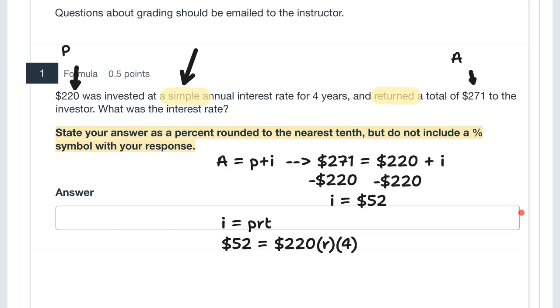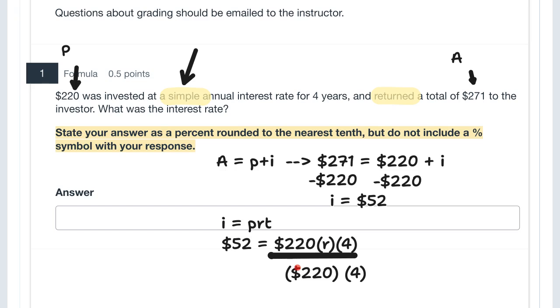Then to solve this, we need to divide by the 220 and we also need to divide by the 4. All right.